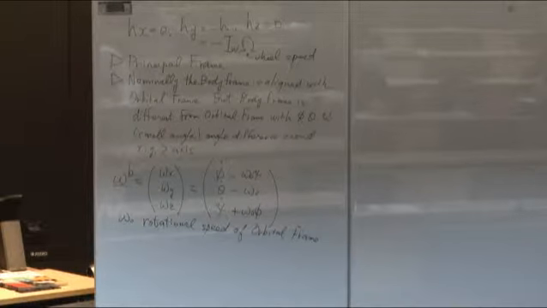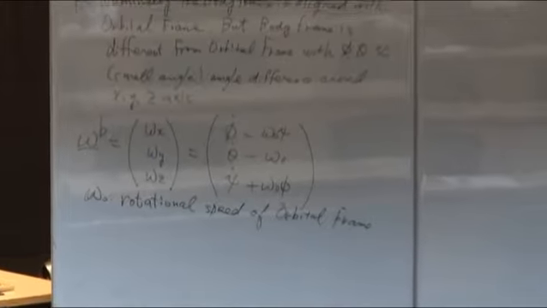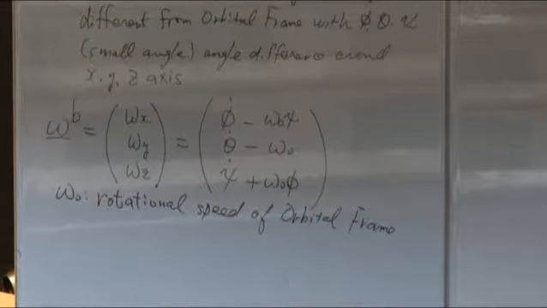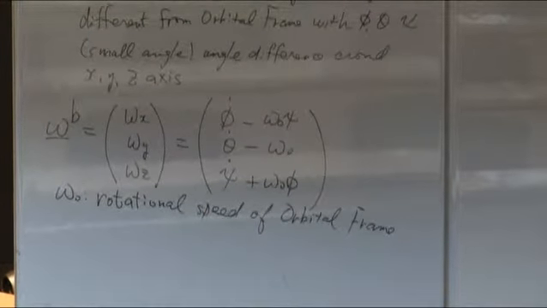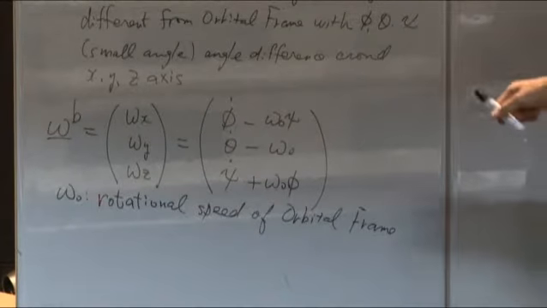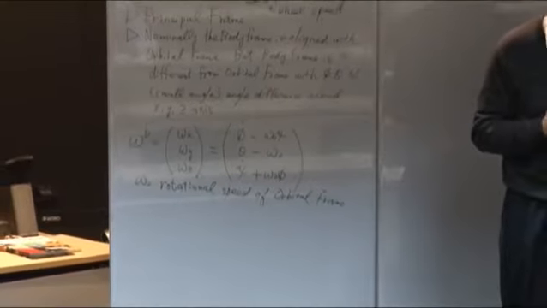As I said, the orbital frame is rotating around the y-axis. Y is fixed in the inertial frame, and the x and z axes will rotate, and this rotational speed is omega 0. Omega 0 is the orbital angular velocity.